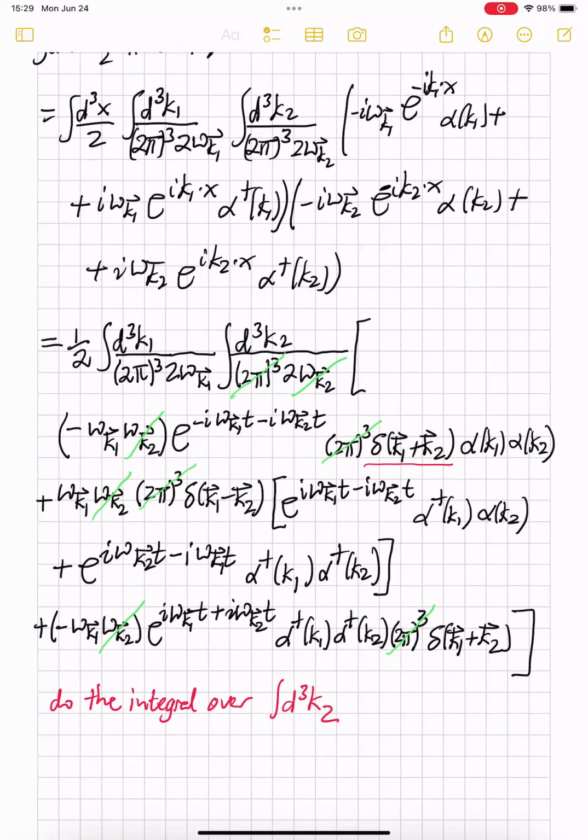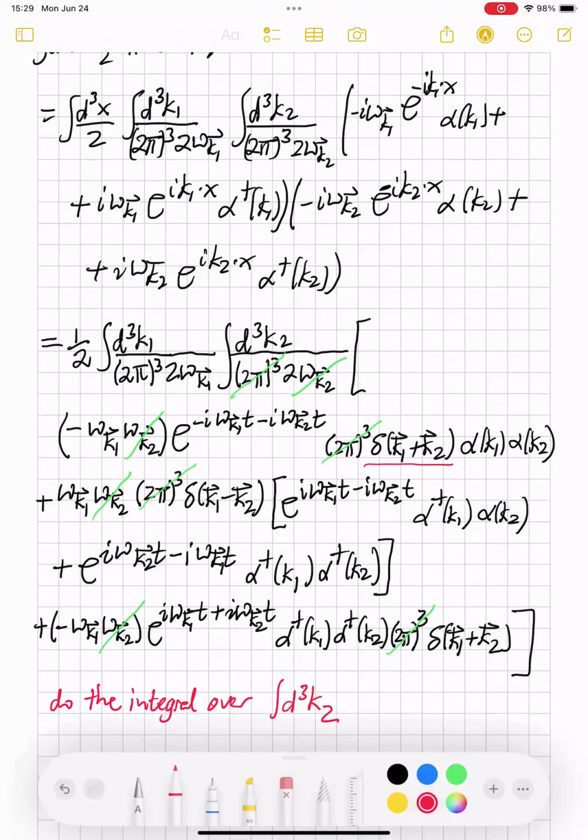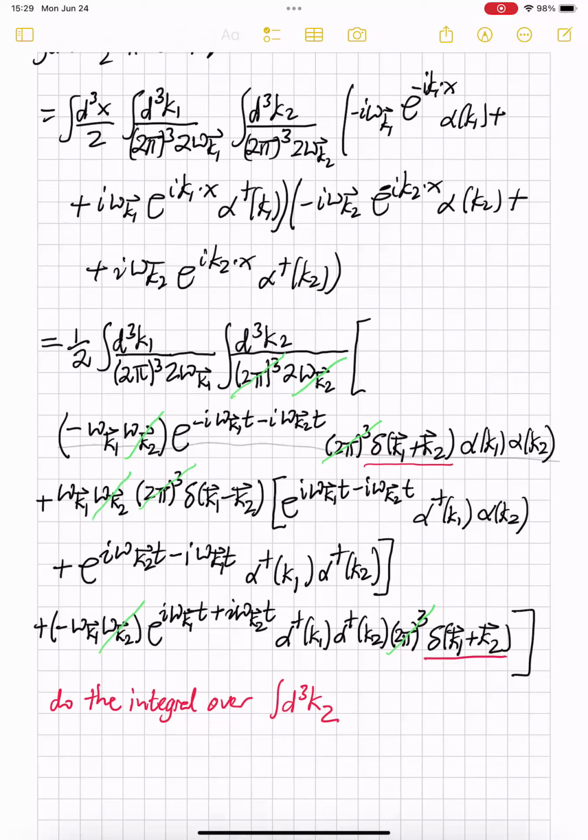Now, when we do the integral over k2, the terms that I've underlined in red, so the first delta function and the last delta function, these will set, so let's say delta of K1 plus K2, when we integrate over K2, these will set K2 equal to minus K1. Remember, the delta function only contributes when its argument is 0.